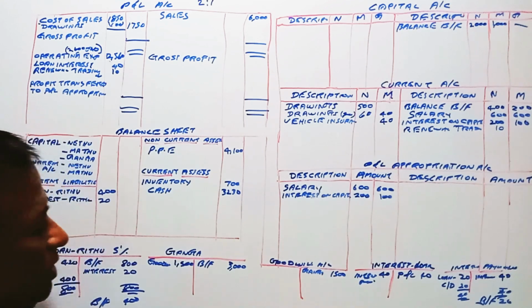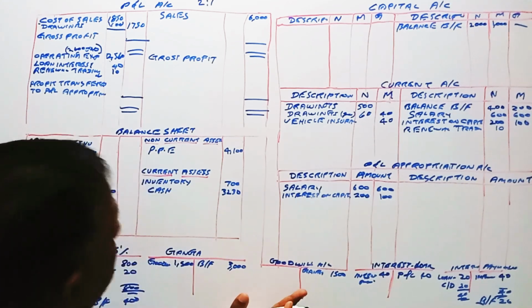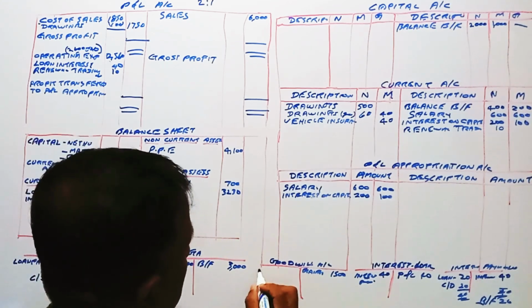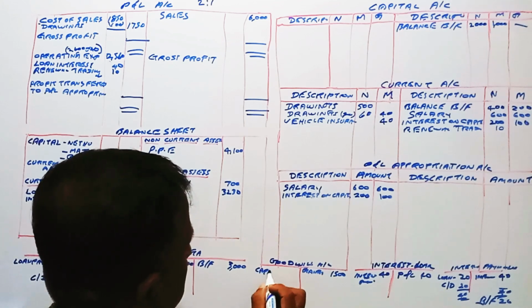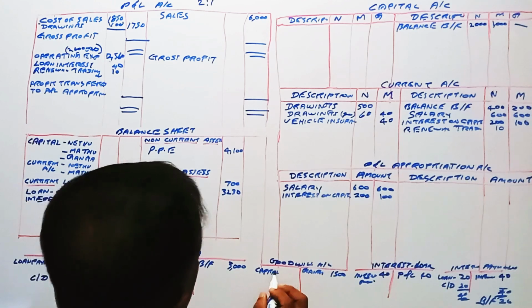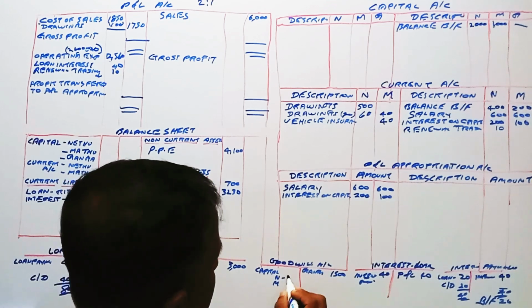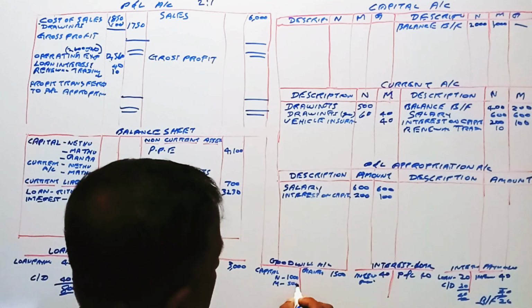Then the earlier partners will share this goodwill according to their profit sharing ratio. That means the capital accounts of Nitu and Madhu: Nitu is 1 million and Madhu is 500,000.